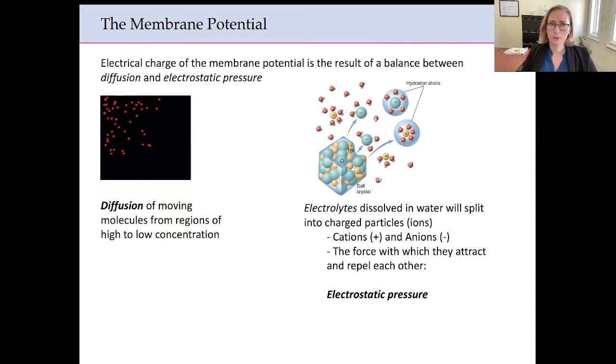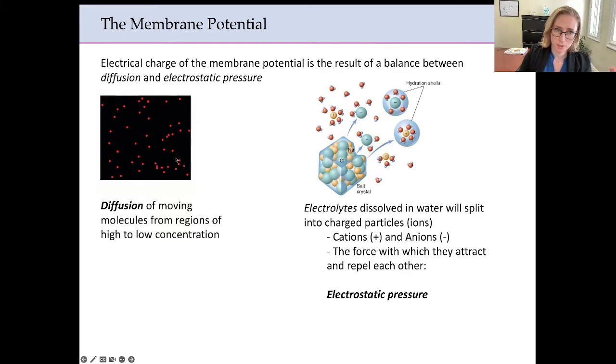But in a nutshell, there are two forces at play that enable this electrical potential to occur. The electrical charge of the membrane potential is a result of two different forces, one being diffusion and the second electrostatic pressure.